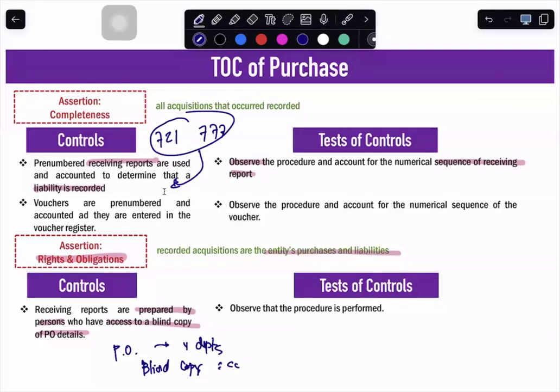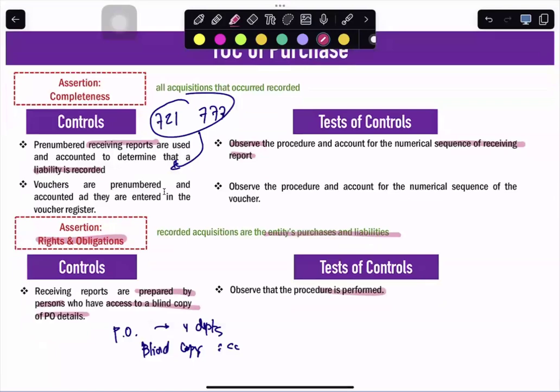How do we test this control? You observe that the procedure is performed. When we say blind copy, again, earlier we said normally we don't have enough attachments on it. If you still remember, your PO is also sent to your receiving, and since the receiving has the PO, they will now compare that to the blind copy of the PO.